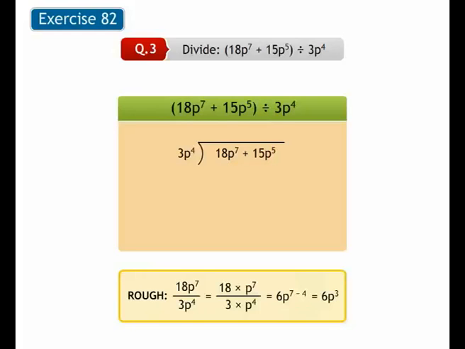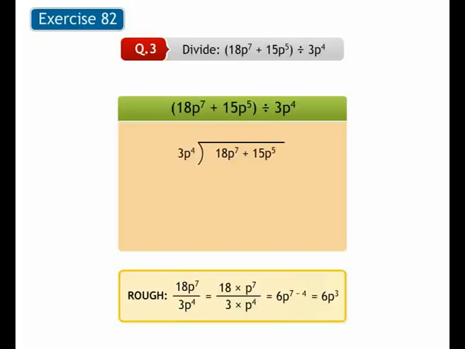That is 18p raised to 7 upon 3p raised to 4, which is 18 upon 3 into p raised to 7 upon p raised to 4. By reducing, we get 6 into p raised to 7 minus 4, which is equal to 6p cube, which thus becomes the first part of our quotient.